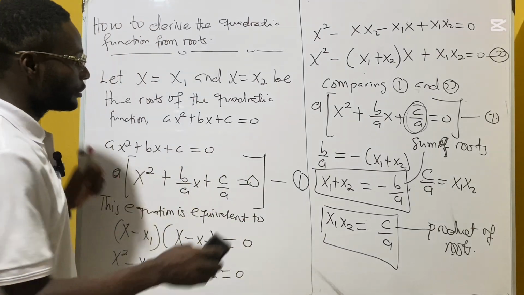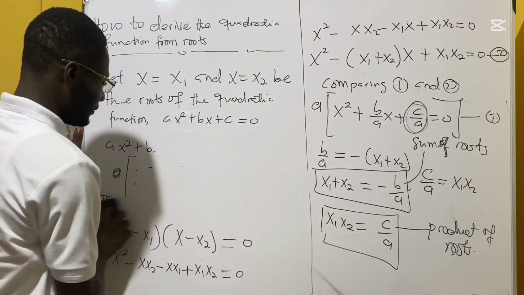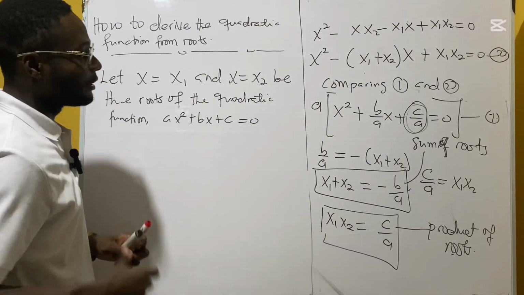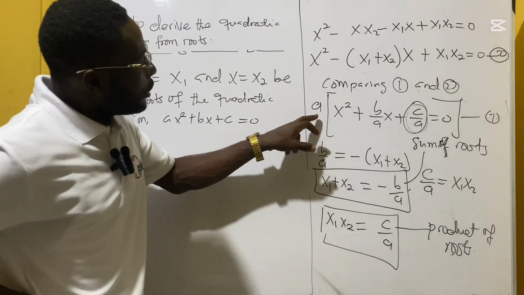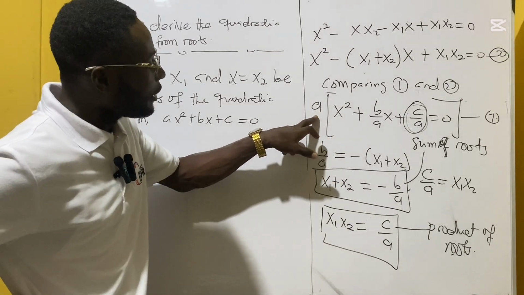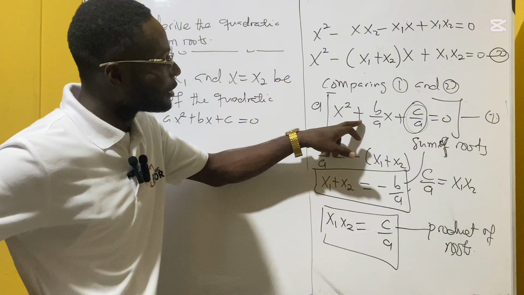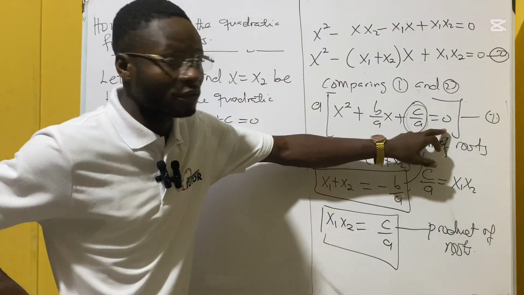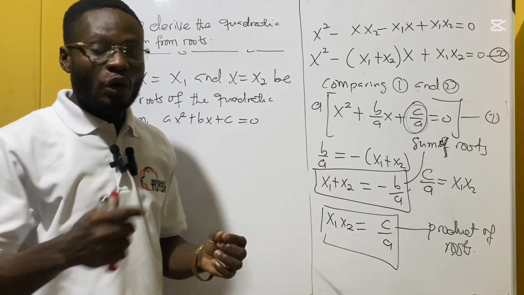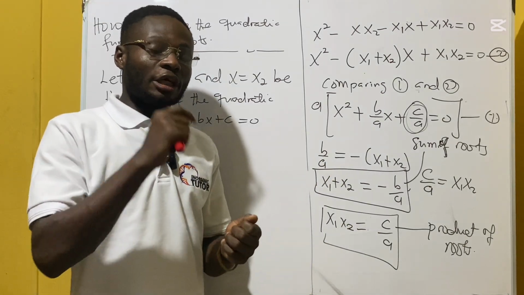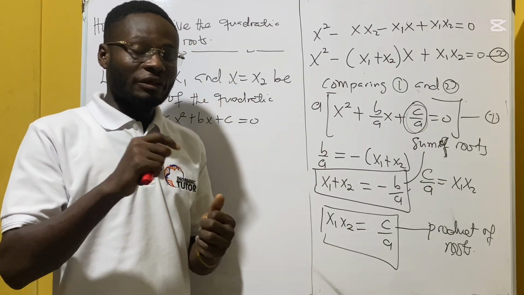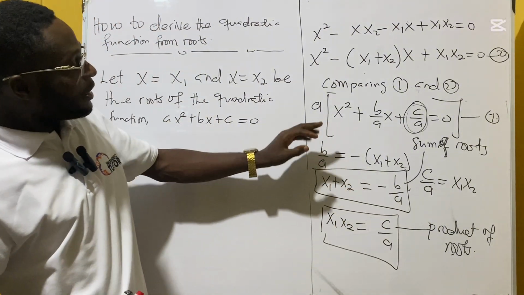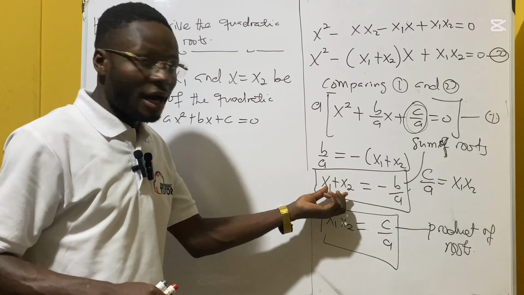From this deduction, we have a times (x squared plus b over a x plus c over a) equals 0. So to obtain the equation of the quadratic function from roots, we just substitute what we have here.